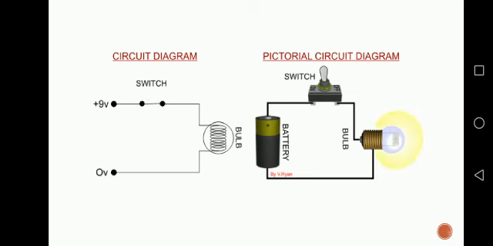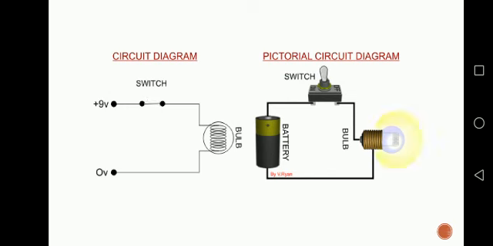Another one is the pictorial diagram, in which you can see we have learned that an electric circuit is a closed loop of electric wires connected with components such as battery and load. The batteries provide the electrical energy, which is converted into light or motion.